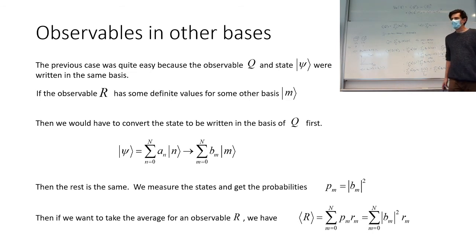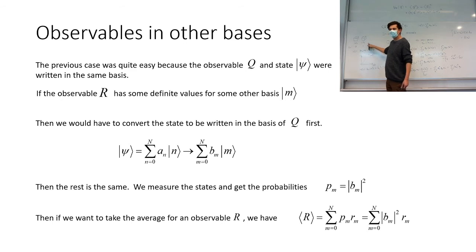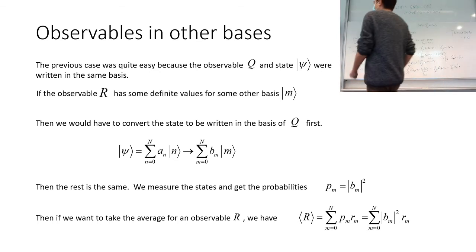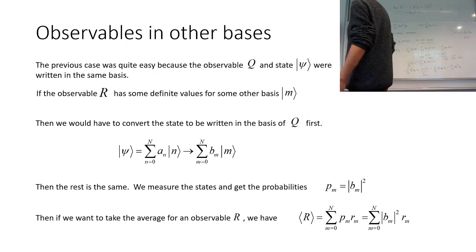Okay, so if I wrote my state in the plus minus basis, but then my operator was defined in terms of this 0-1 basis, then how do you calculate that? It's basically what we're talking about here. In that case, there are a couple of ways around it.